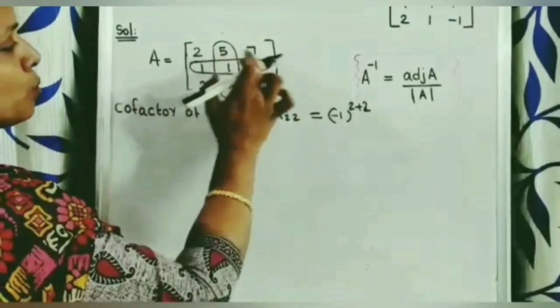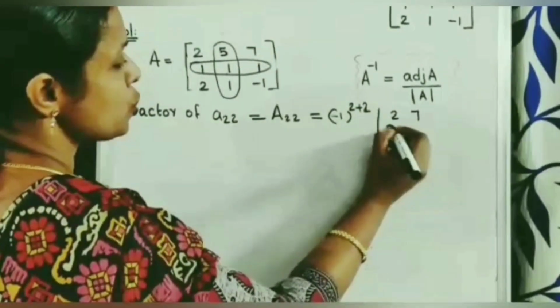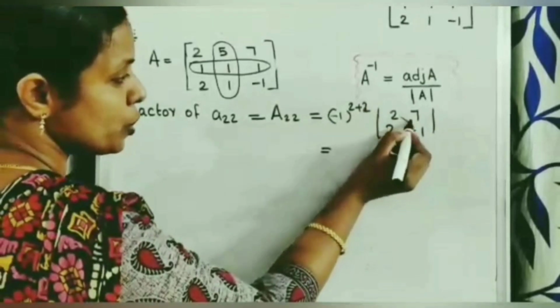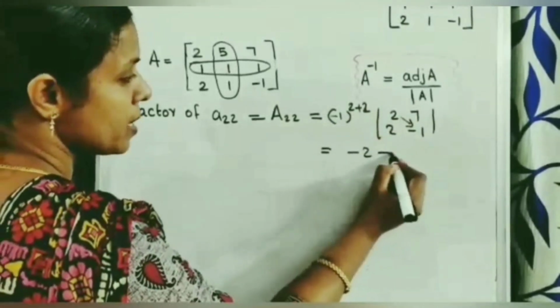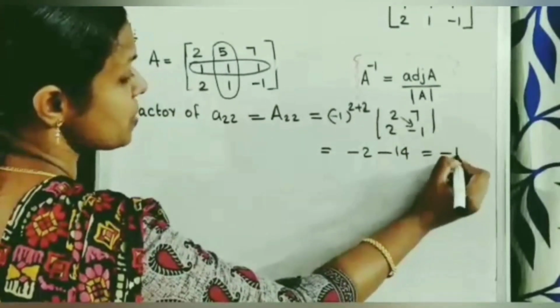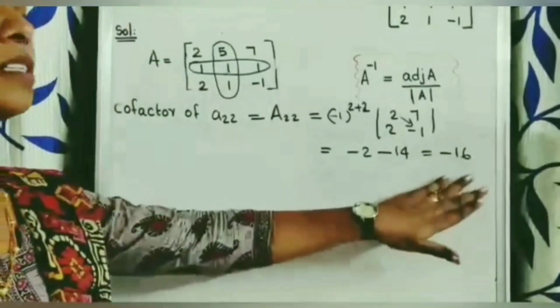Now we get 2, 7, 2 minus 1. Determinant 2, 7, 2 minus 1. Negative 1 whole raised to 4 is 1. Then 2 into minus 1, that is minus 2 minus 2 into 7 is 14. That is we get negative 16. Now we get cofactor of A22 is equal to minus 16.